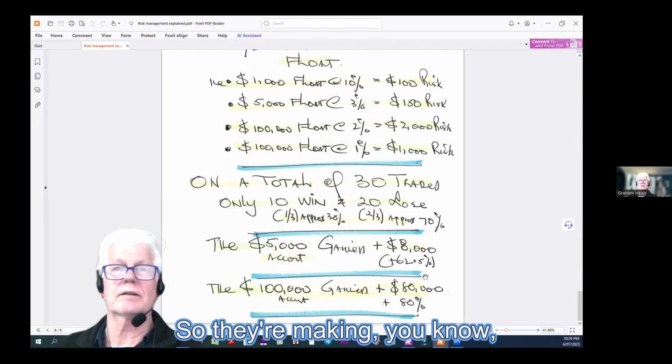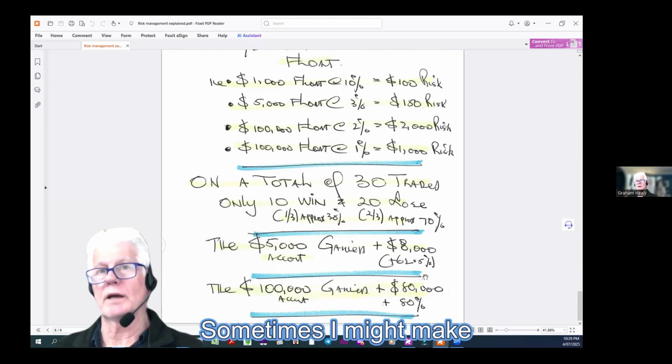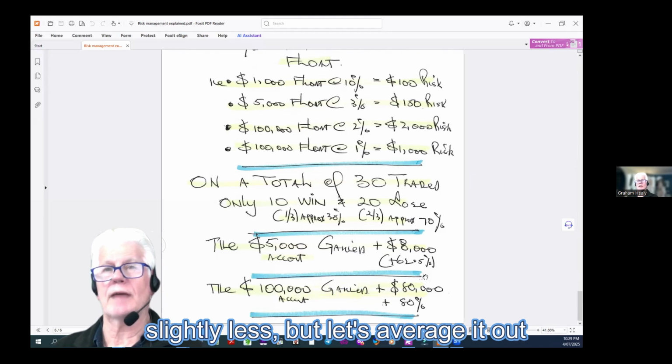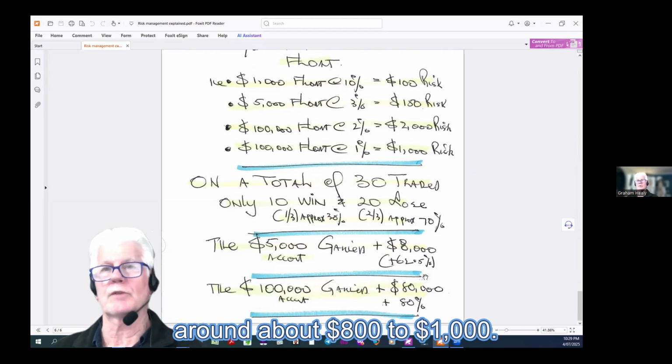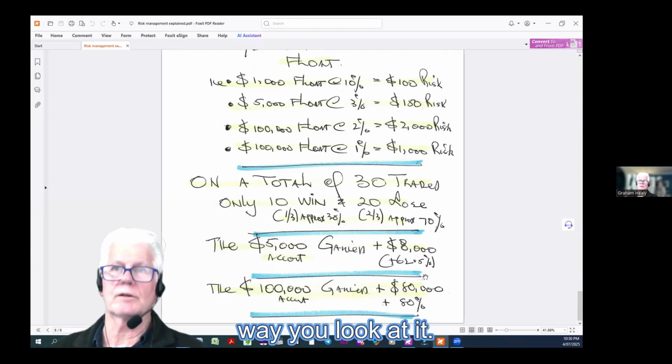So they're making up to $1,000. Sometimes they might make more, sometimes slightly less, but let's average it out around $800 to $1,000. You're in the winning team no matter which way you look at it.